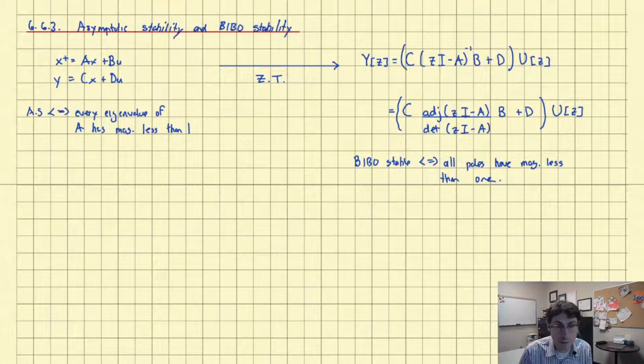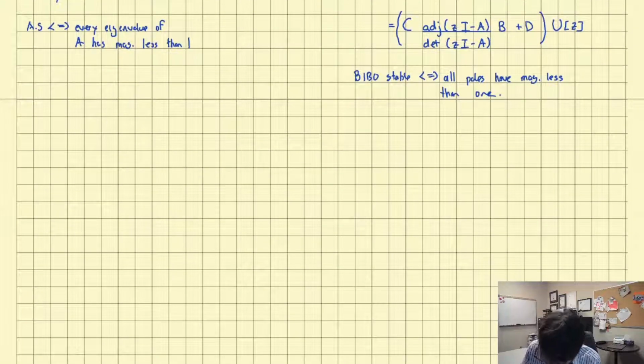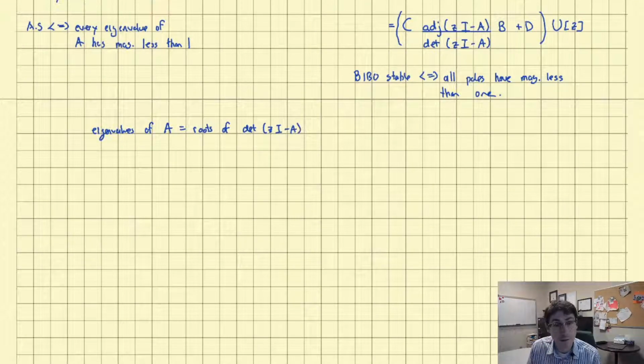And so if you compare these two conditions, what we see right away is that the poles of the transfer function are a subset of the eigenvalues of A. So let's write this down, that the eigenvalues of A, which are the roots of the determinant of zI minus A, contain the poles of the transfer function.